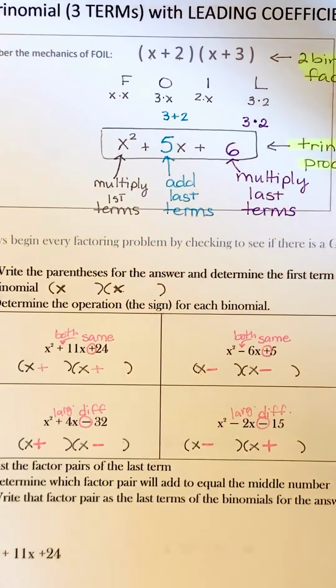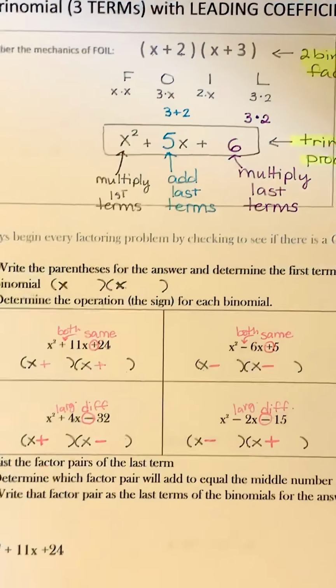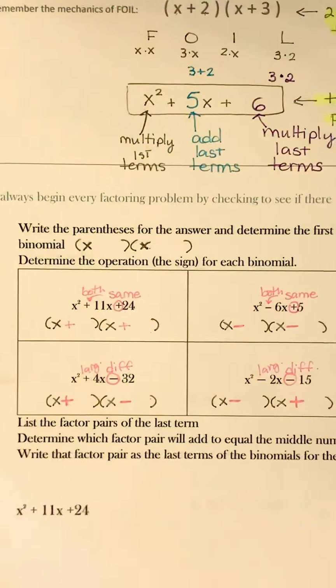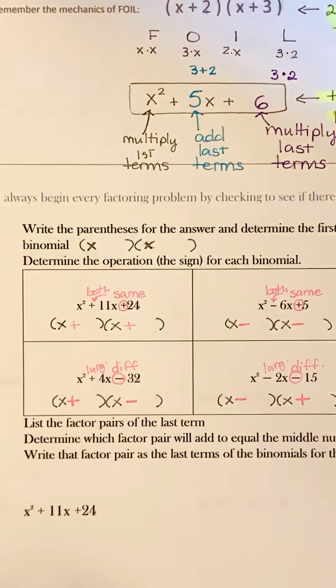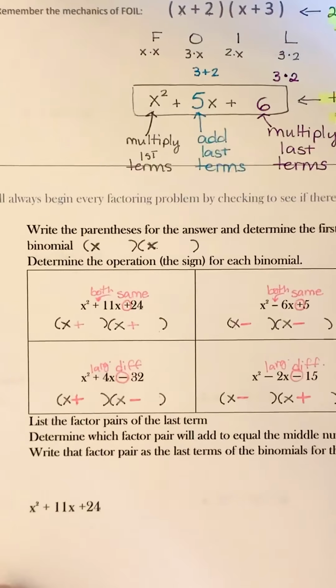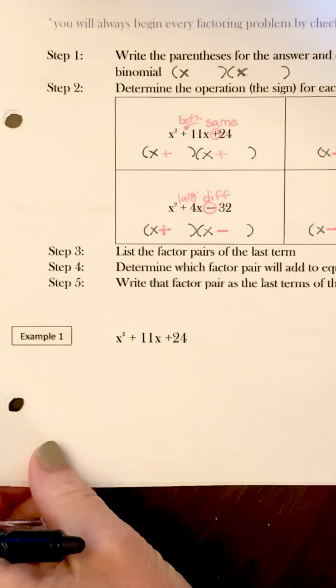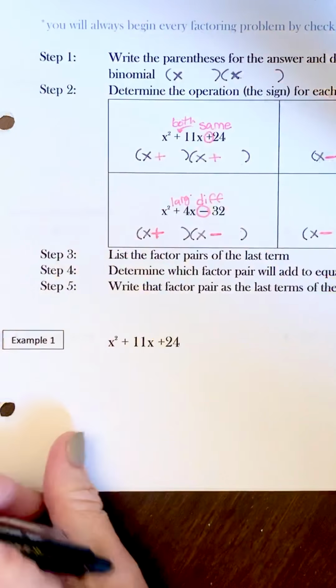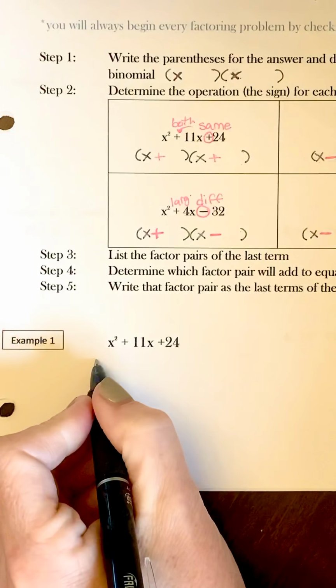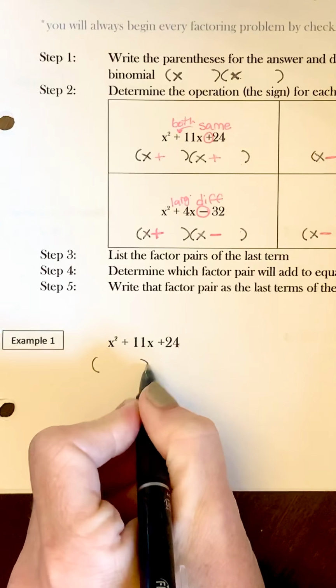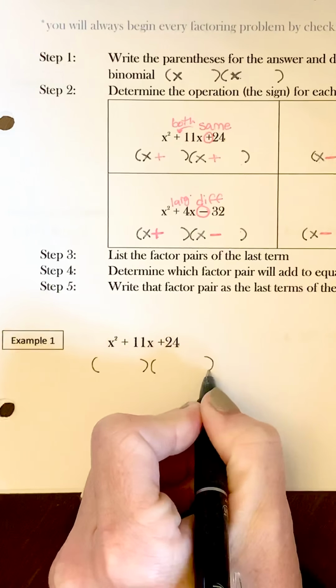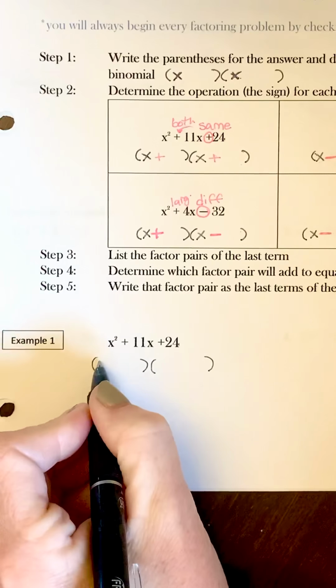So we have our first example. Okay. Step 1 is to write my binomial parentheses.